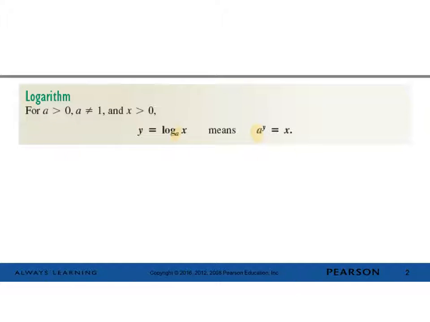And notice that y is the power. So notice the location of x and y.